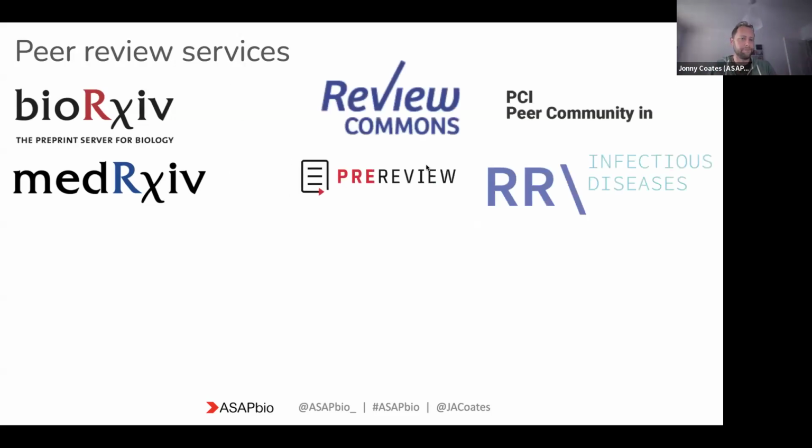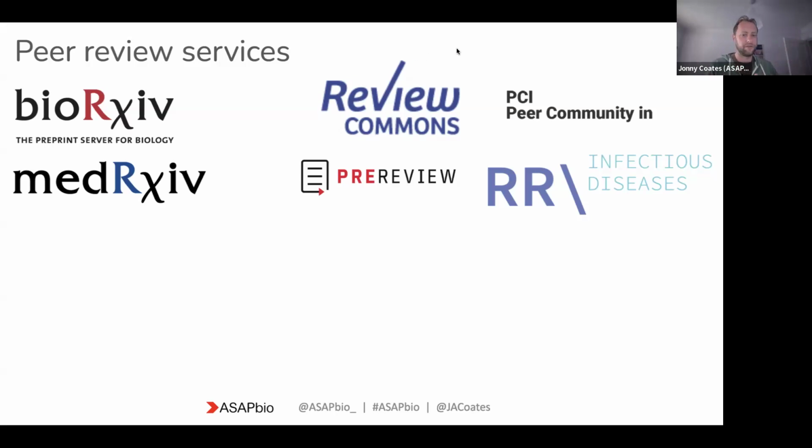These are just some of the bigger ones to name, but they do it with Review Commons, Peer Community In, Rapid Reviews, and for the community part, PREreview. This means you upload your preprint, you can send it to one of these, and then if we take Review Commons as an example, you upload your preprint onto bioRxiv, you can then immediately send that to Review Commons, who will do a review of your preprint, and then you can send that whole thing to one of the Review Commons associated journals.